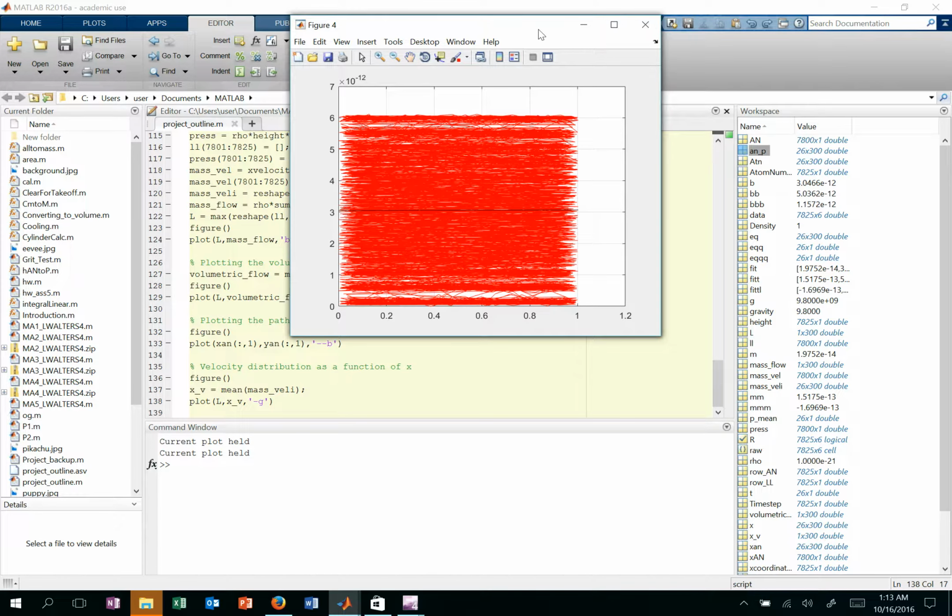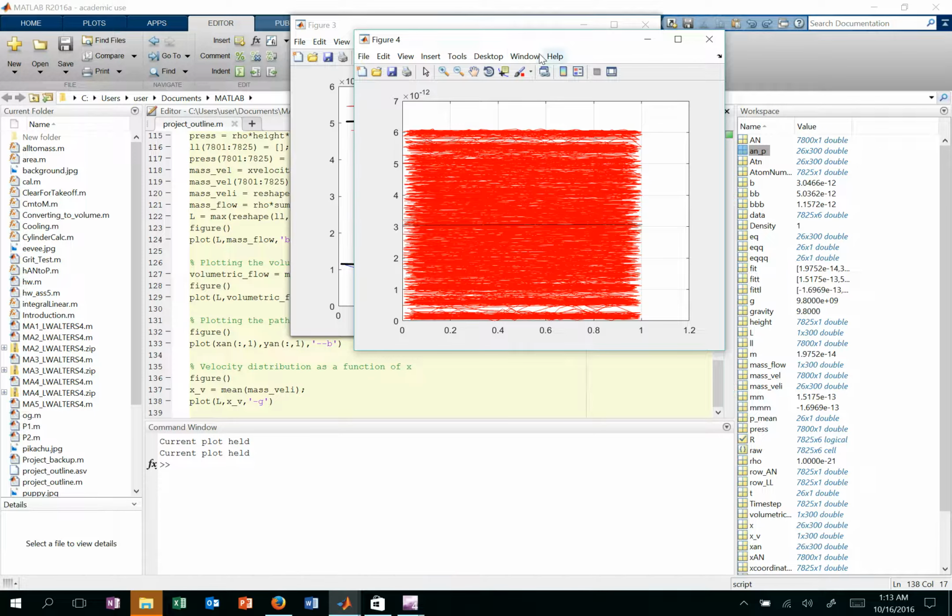And then with this one, this is the pressure as a function of distance of all 300 atoms, and then we have the slope of all of those combined, which is fairly straight. So the pressure as a function of distance is basically constant.